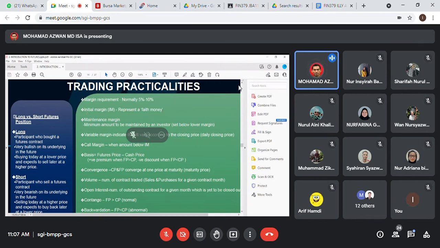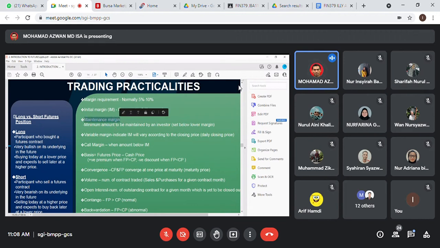Okay, next we have maintenance margin. When you trade futures, every day you have to maintain a certain amount in the account.